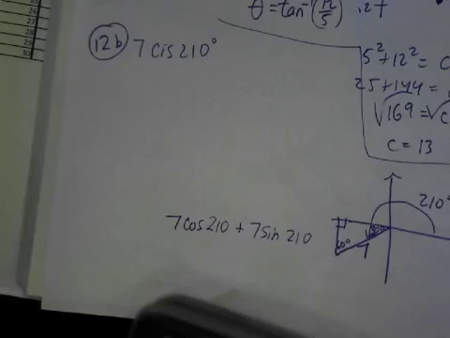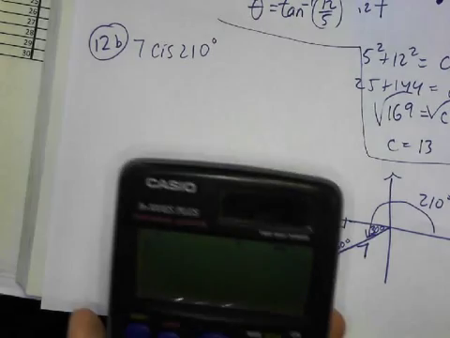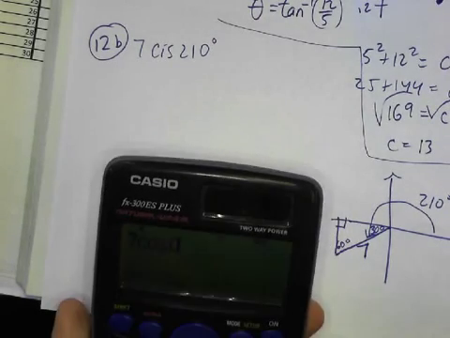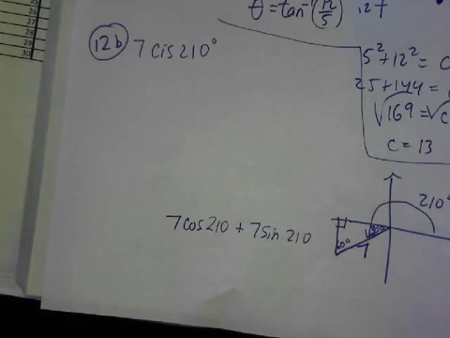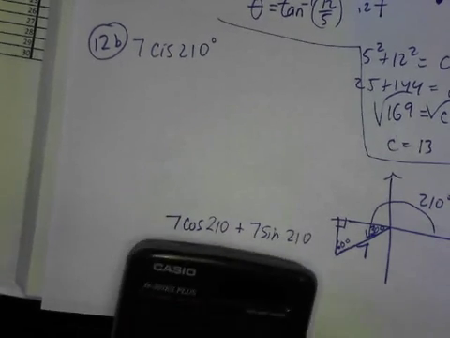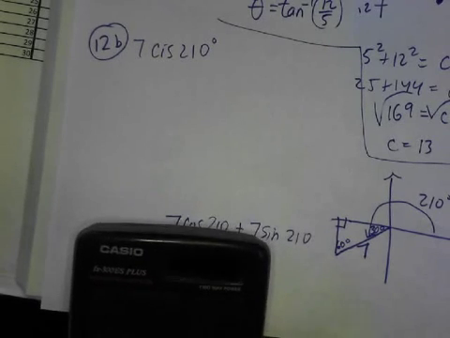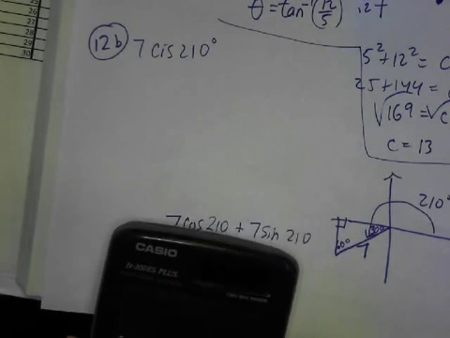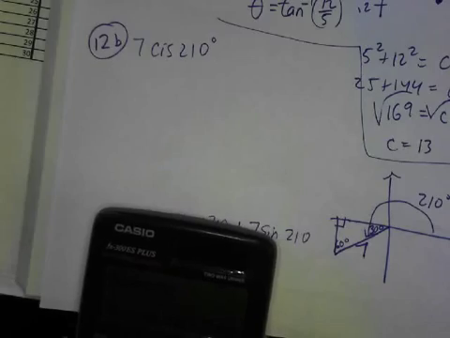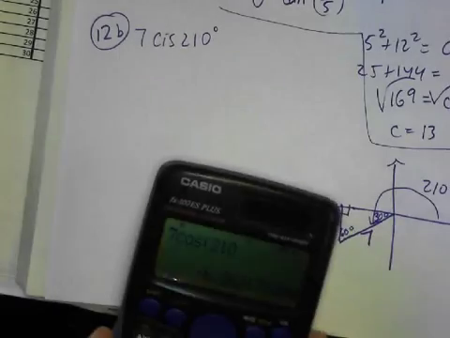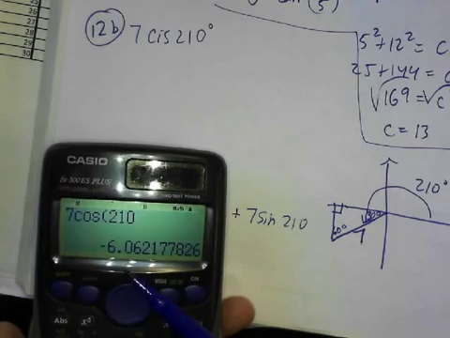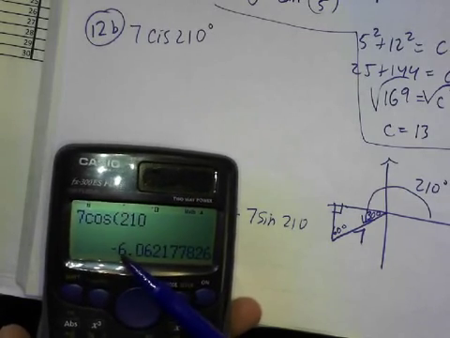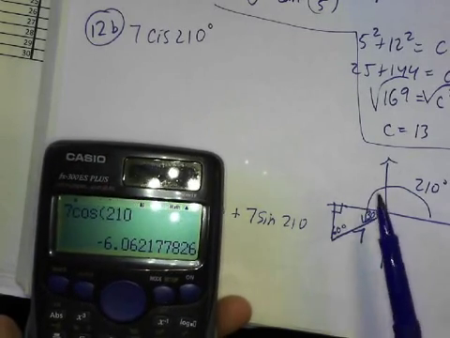So 7 cosine 210. Okay, 7. Where's my cosine? Now I have to watch the signs, because I'm not sure if my calculator is going to be very awesome or not. My calculator gave me negative 6.062 or something, and so I just want to check by my picture and make sure that my sign is negative or positive.